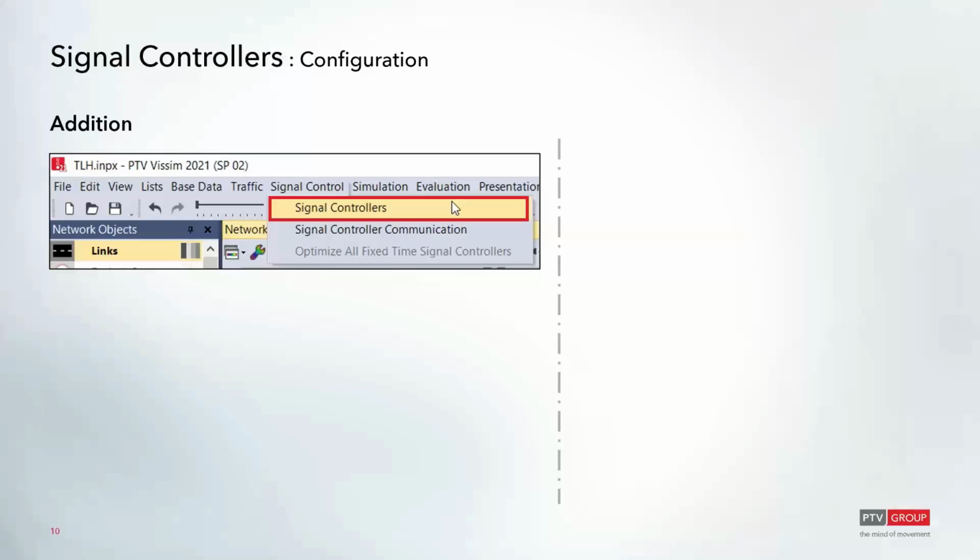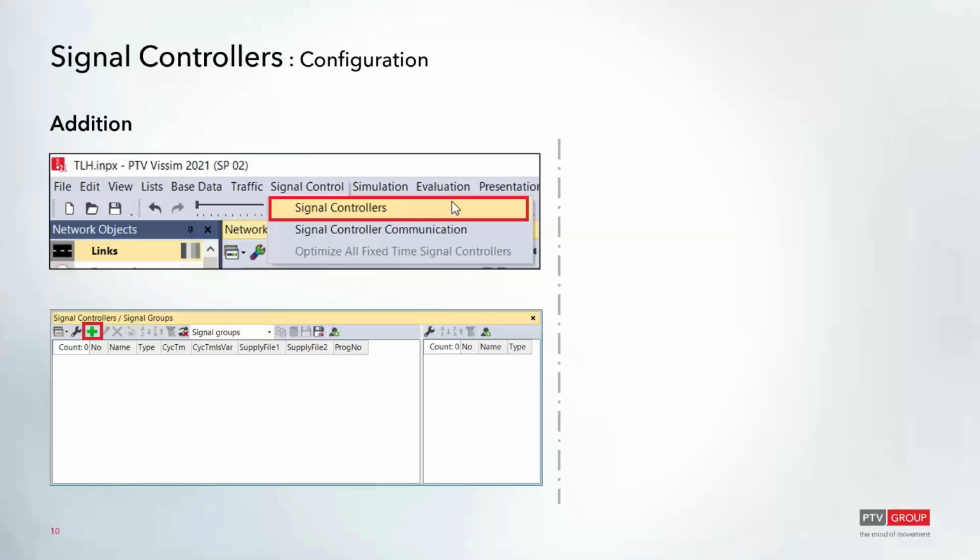So again, before we get started adding any of the network objects like those signal heads or detectors, first we're going to need to add the actual signal controller that's going to contain all of the signal timing data. So in order to open up this signal controller list, first you'll just go to the signal control menu item at the top, and then you can choose the signal controllers option.